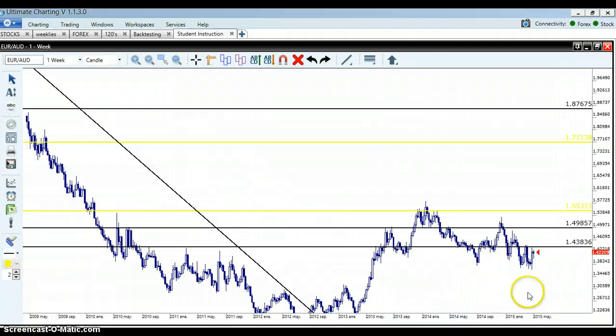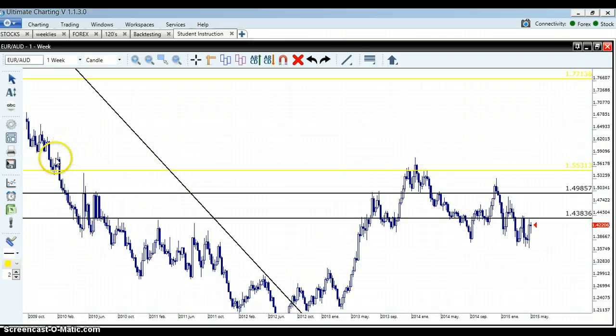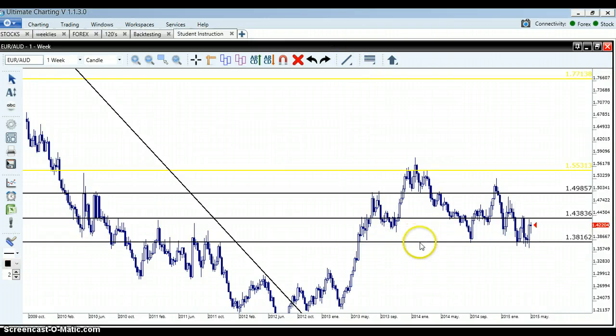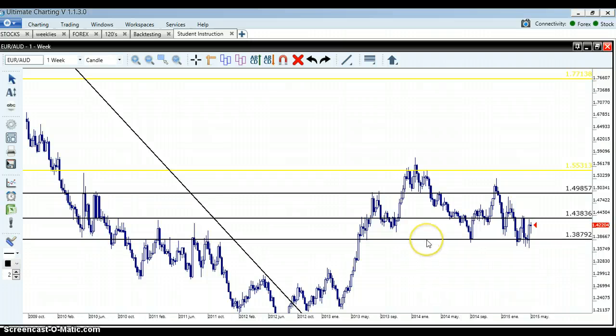So I want you to see how the market from here has also been in consolidation for the past weeks and days. Let me identify another level here, perhaps here, from past support, resistance, support.